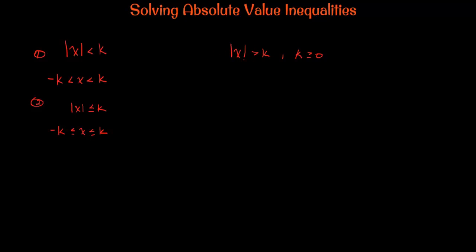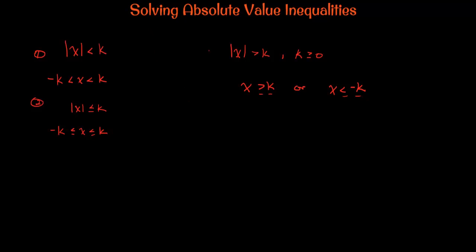What this means, this will imply that x must be greater than k, or x must be less than negative k. So we'll keep the sign, keep the constant, then we're going to flip the sign and flip the constant.